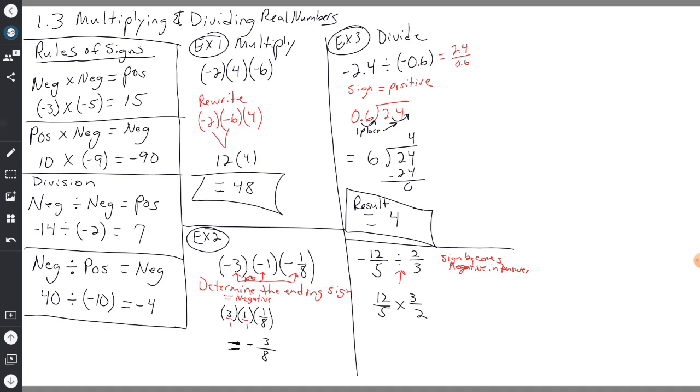So 2 goes into itself once, and 2 goes into 12 6 times. So now that's going to give us 18 over 5. And that will be our final result. The negative, right.